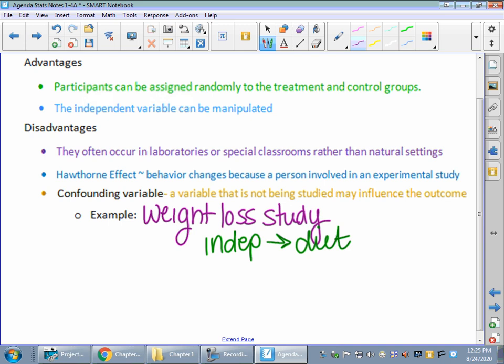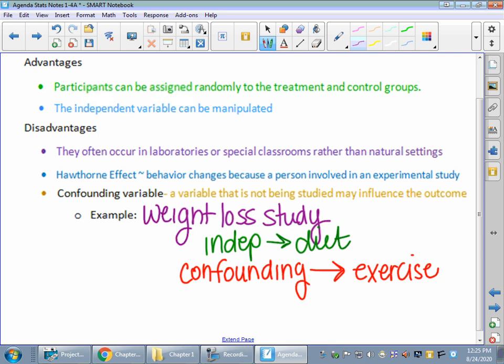However, a confounding variable: diet is the only thing we're looking at, and we expect people to just do what they naturally do. We're going to modify that one thing. The independent variable, the only thing we're going to change, is how much and what they eat. A confounding variable might be somebody says, well, since they're looking at weight loss, I'm going to start to exercise too.